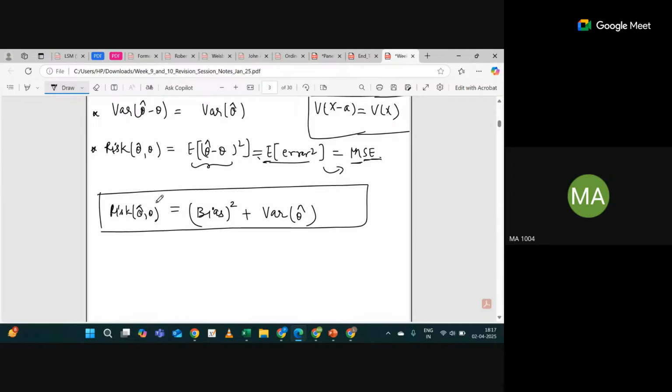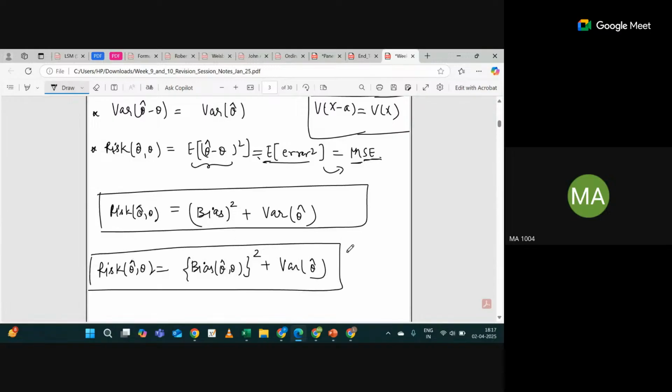In formula, risk equals bias of the estimator squared plus variance of theta hat. This relationship is very important; you have to keep it in mind.